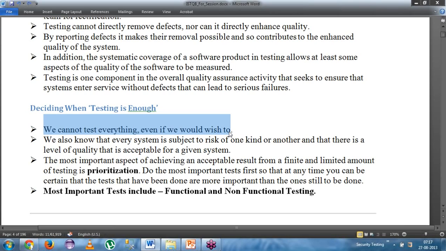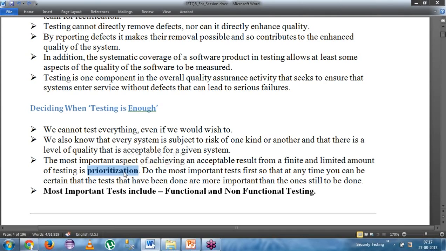Fine. So what we need to do in that case is address based on the risk. We have talked about risk and more complex systems, so we will focus on the riskier areas. The most important aspect of achieving an acceptable result is that we need to divide and rule. In the sense, finite and limited testing is done by prioritizing your tests.